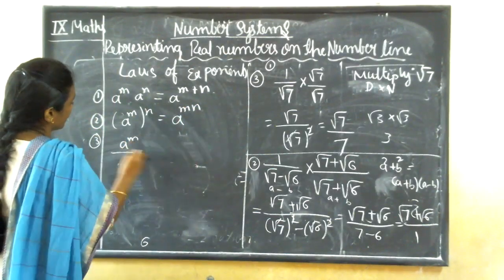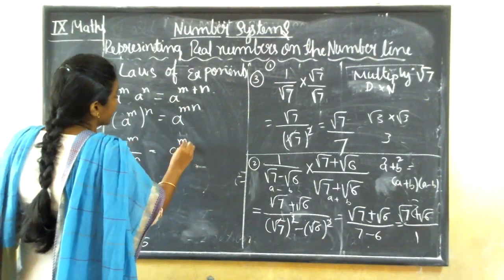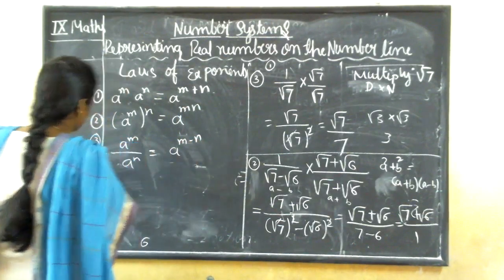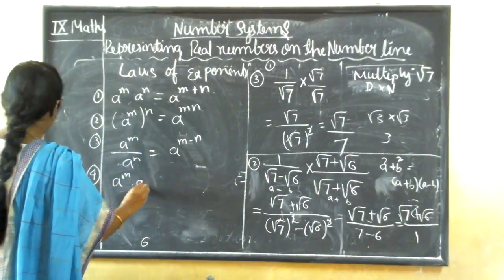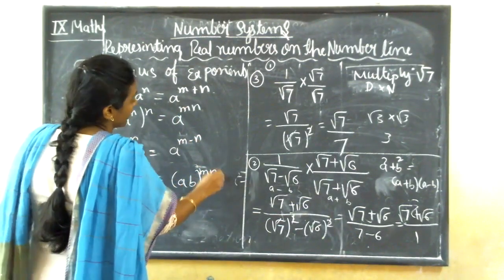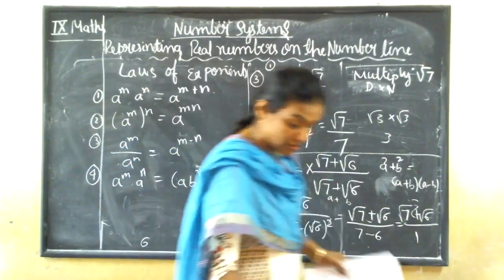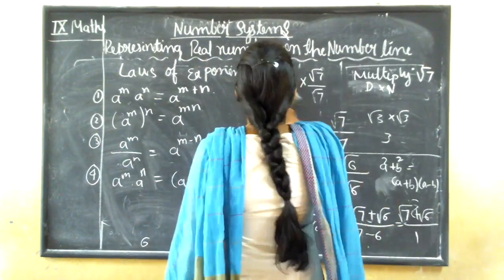A raised to m divided by a raised to n, when you take this denominator to numerator, you are going to get a raised to m minus n, right? So the fourth one. A raised to m into b raised to m means what here? AB raised to m. These are the simple laws of exponents. Okay.